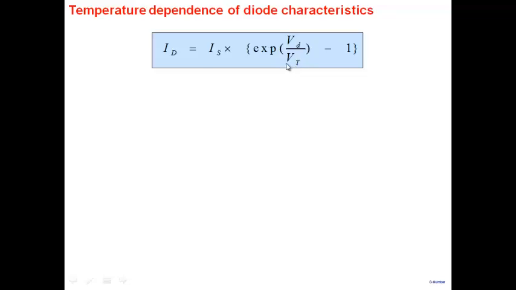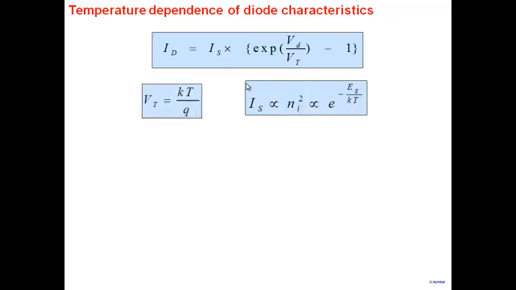But aside from that, the saturation current, IS, is also very strongly dependent on temperature. Without going into the details, IS is exponentially dependent on the band gap of the semiconductor, EG by kT. So there is a strong dependence on temperature of the reverse saturation current also.